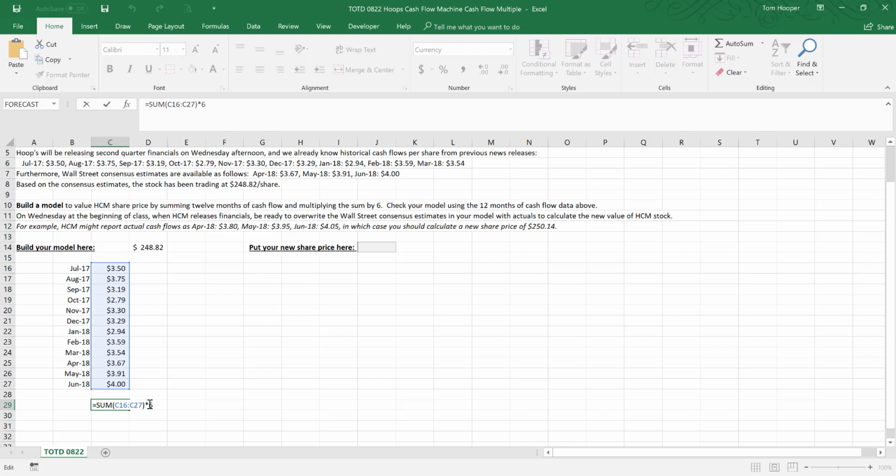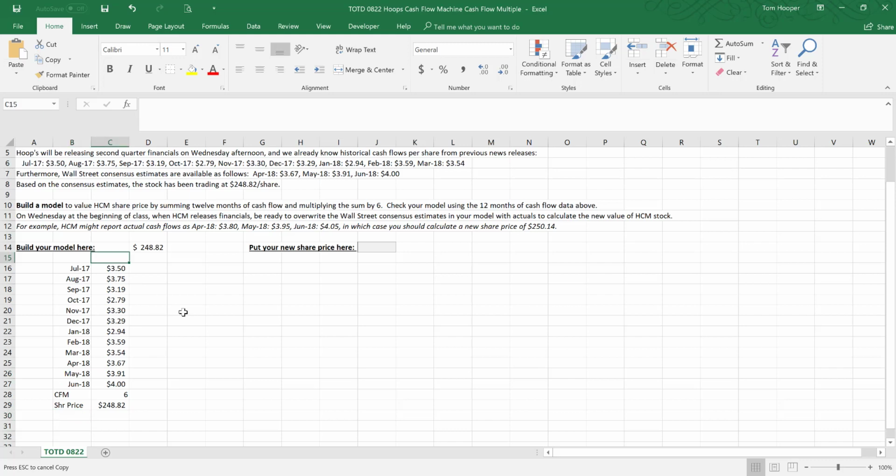So you took that number out of the formula and put it in a cell, and then the formula simply referred to the cell that held the cash flow multiple.